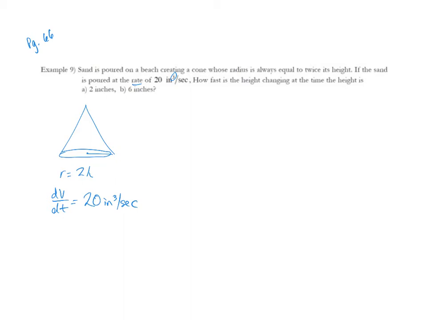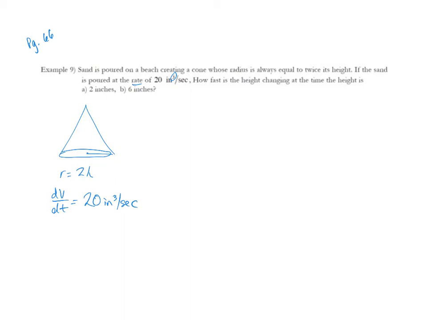Those units are extremely important to us in being successful in these problems, because just based on the units, I can tell whether I am dealing with a rate based on distance, area, or volume. So seeing that inches cubed, that means it's a volume, so I have a rate of a volume. We have to be very careful to pay attention to those units.